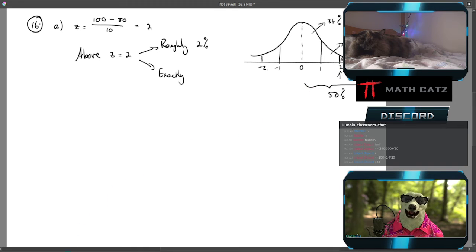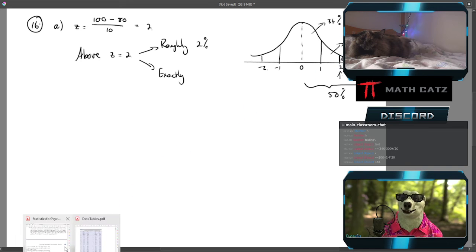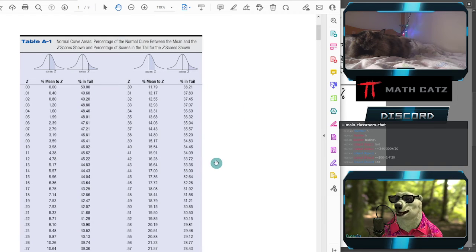the score, I can go to my table and I'm looking for a z-score of 2. Let's go over here. I have it open. And I'm going to look at the second of the two columns because that's the tail, the little right side that I'm looking for above a specific z-score.